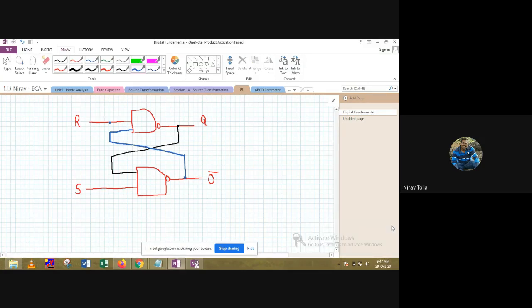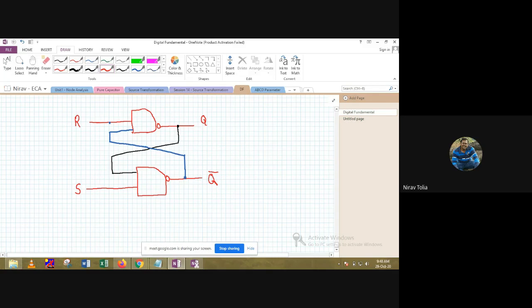This is the figure of the SR latch, but made by using NAND gates. Now if we change the gate, using NAND instead of NOR, there is some change in the truth table also. You can verify that yourself. In today's experiment, generally we are using the NAND gate only.